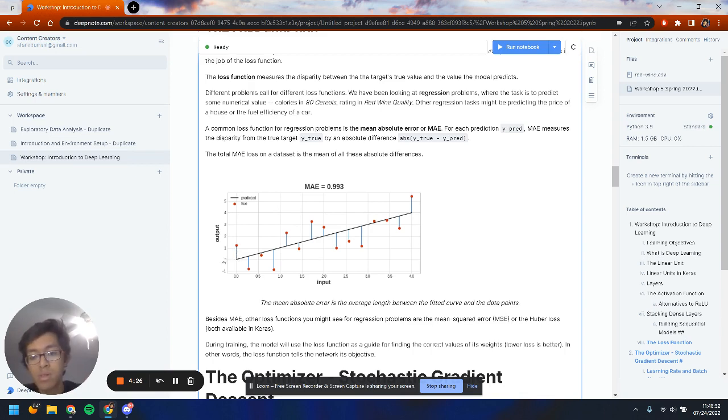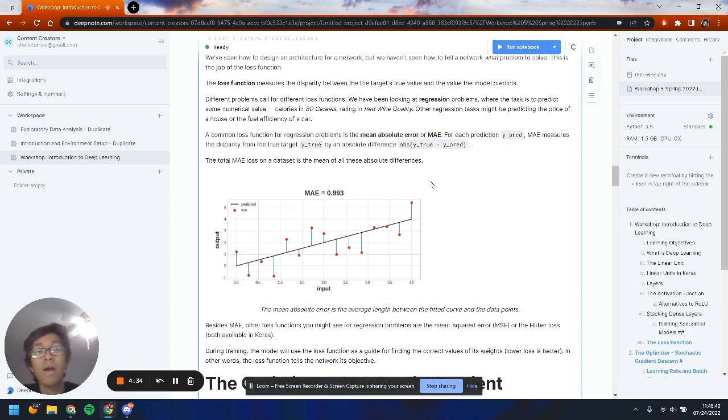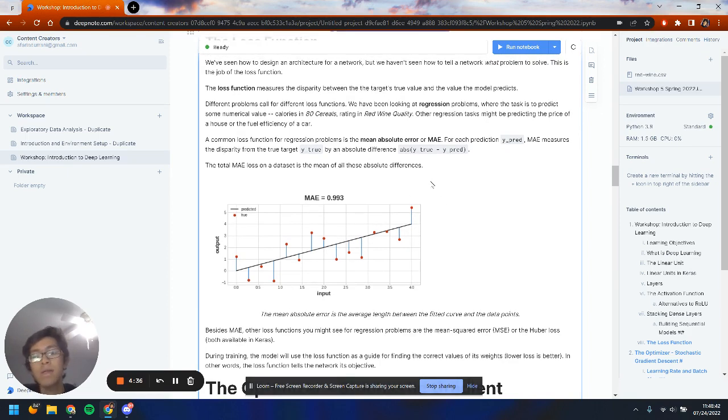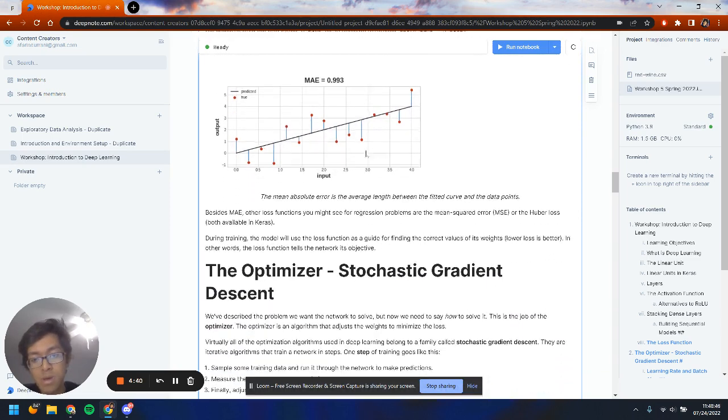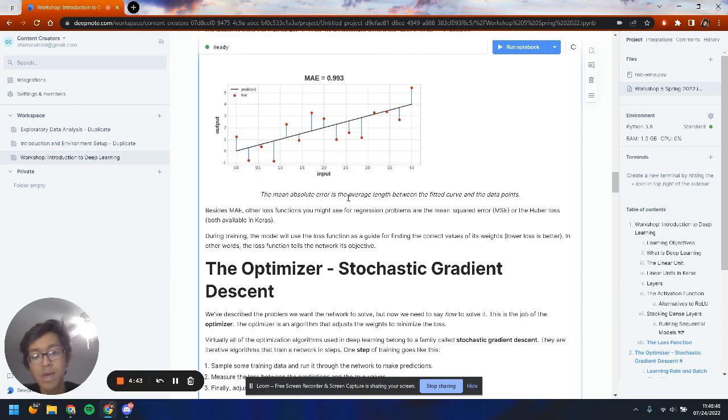So the loss will be, in this case, around 1.2, and then you add up all of these together, and then you average all of them together, and then you get a mean absolute error value of 0.993. So in other words, it is the average length between the fitted curve and the actual output data points.